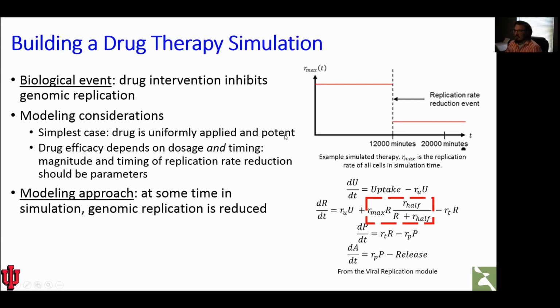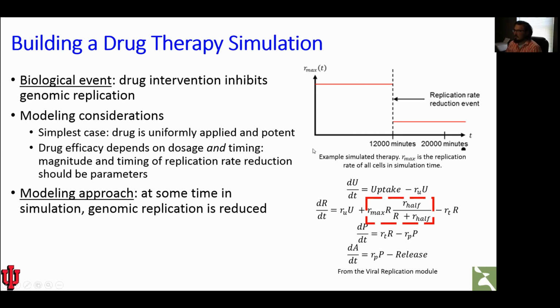And when simulating drug therapy, two particular elements of interest would be both the dosage and the timing. So our two model inputs for this particular simulation will be representing the strength of the dosage as well as the time in which it's applied.